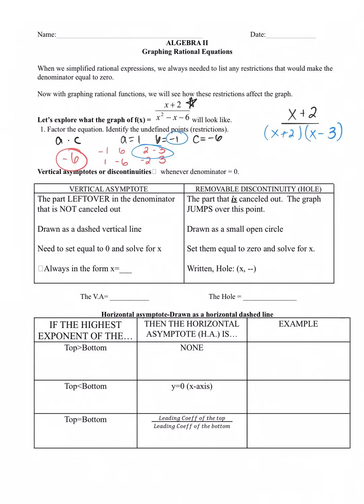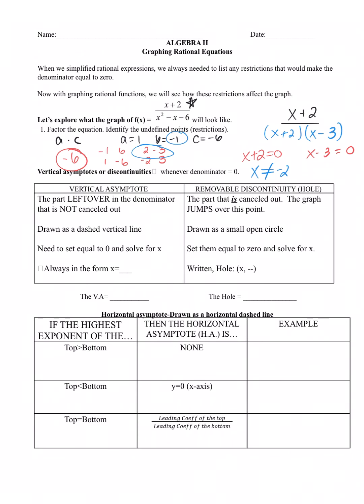From there, I'm going to find my restrictions. If you remember, finding your restrictions is using the zero product property, but I only use that with the denominator. So I'm going to set x plus 2 equal to 0, and I'm going to set x minus 3 equal to 0. In the first equation, I will subtract 2 from both sides, and my answer will be x cannot equal negative 2, because remember, we need restrictions.